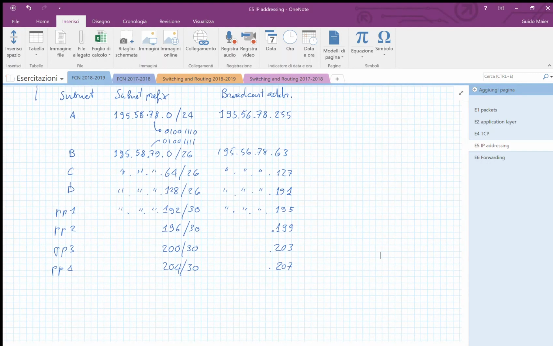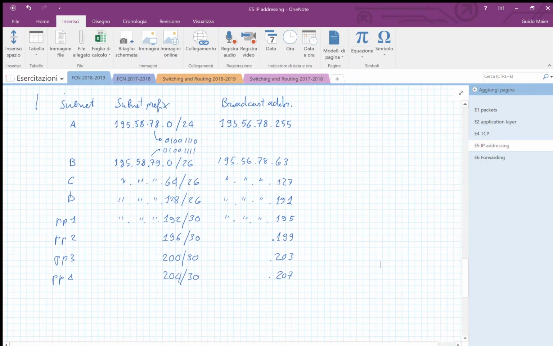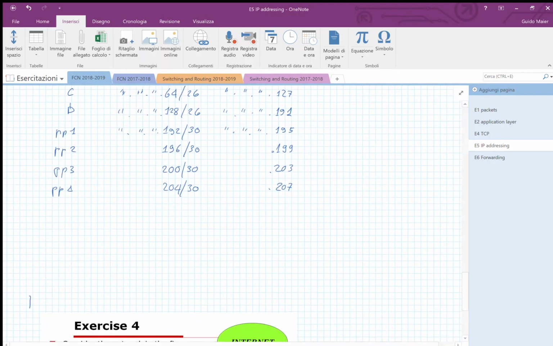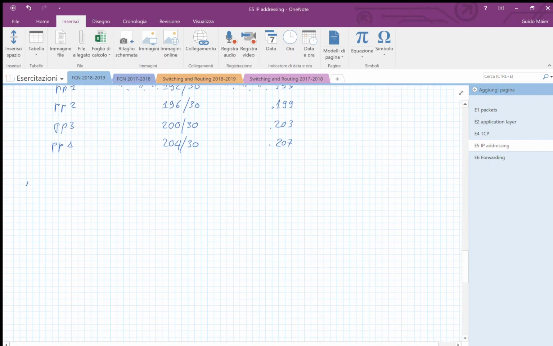So this is a full list of the subnets, and now we can start assigning addresses to all the interfaces. I have to draw the network again, to do it fast.